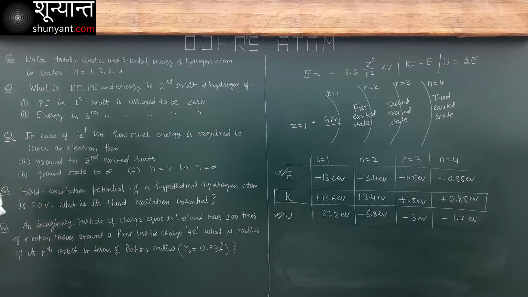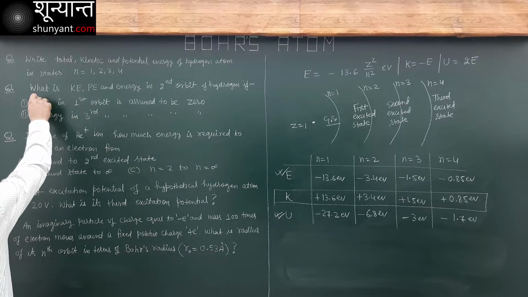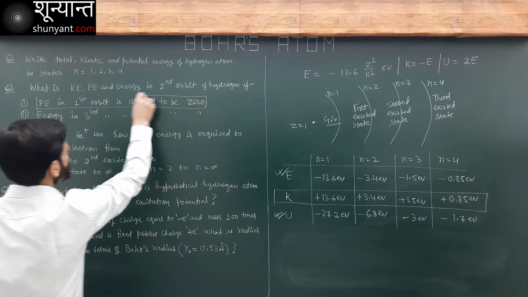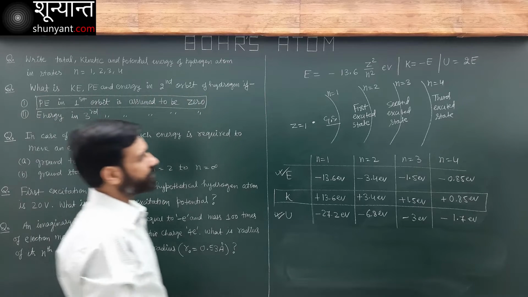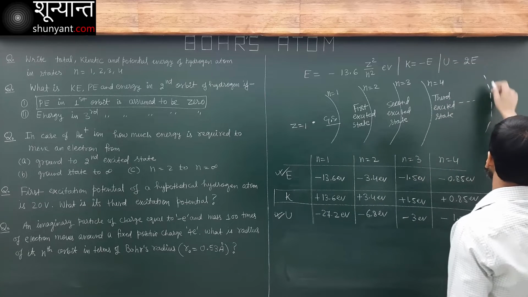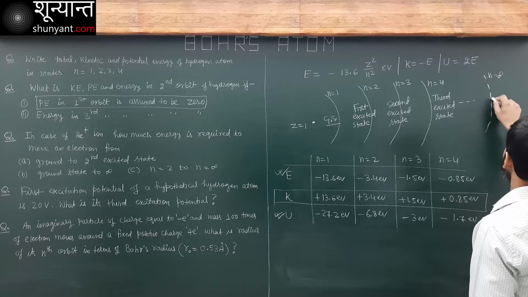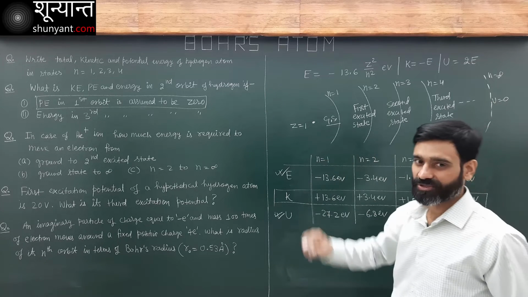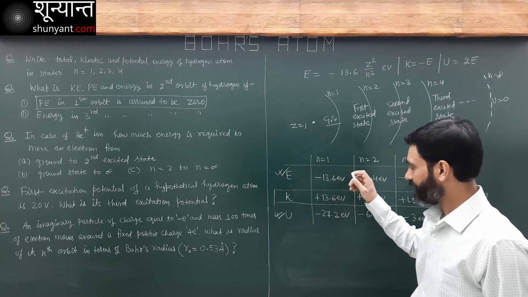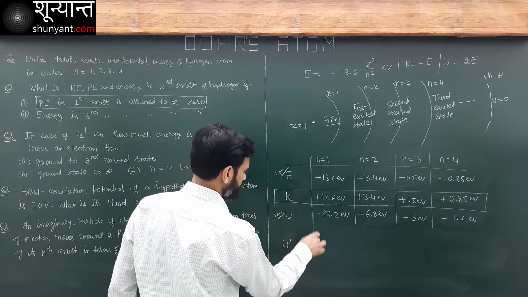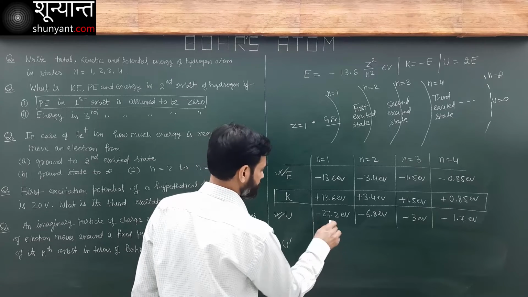What is the new reference? Potential energy in the very first orbit is assumed to be 0. Generally what we do is, we take here n is infinity, I take u to be 0. But in this problem I am changing my reference. I am saying that assume this to be 0, so this u dash here is 0.